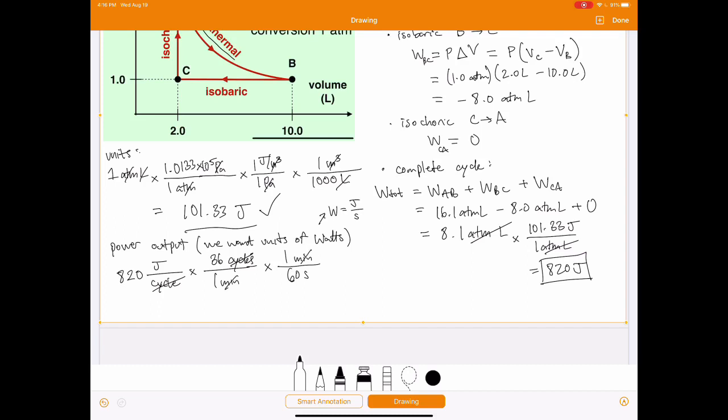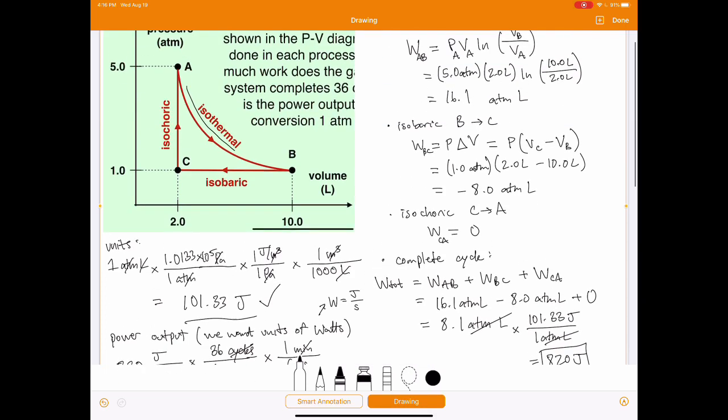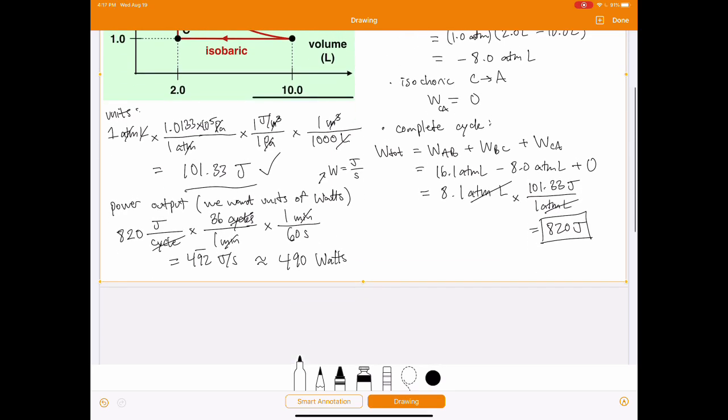And now the units are joules per second, just like we want. So if you work that out, you're going to get about 492, keep 2 sig figs, joules per second, which is about 490 watts. So what we're seeing in this diagram is actually an engine that has a power output of 490 watts.